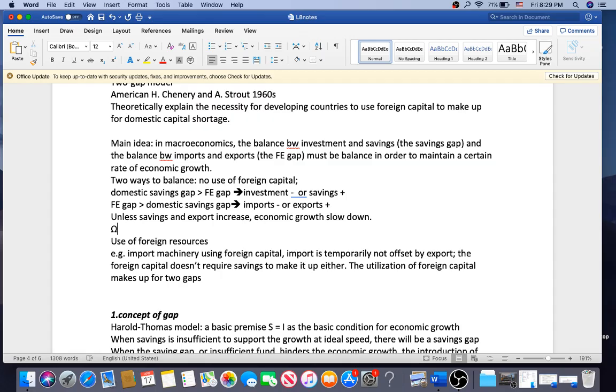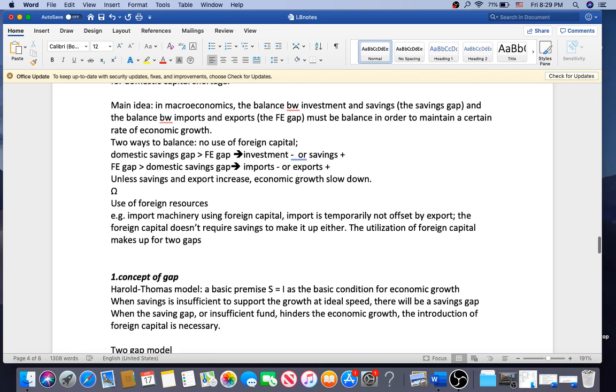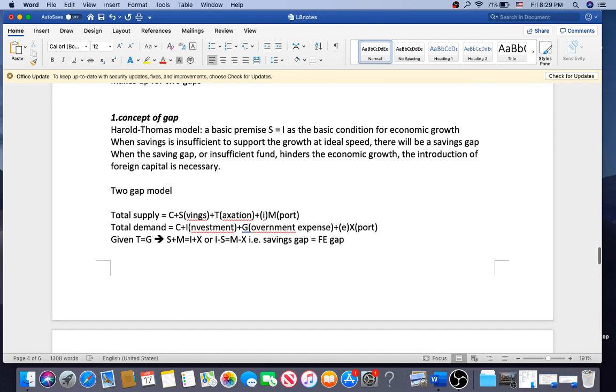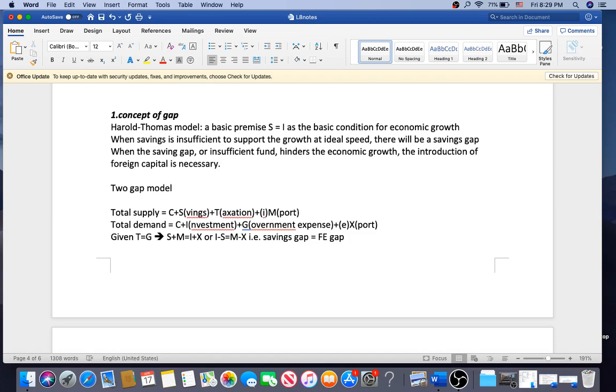The model is called the Harrod-Domar model. The basic premise is that savings equal investment. That is a pre-assumption. That means the basic condition of the economic growth.